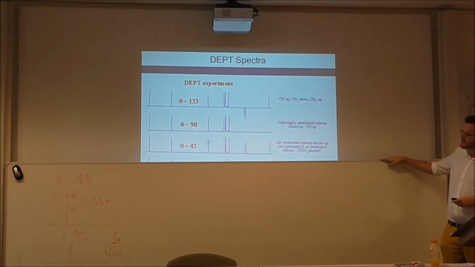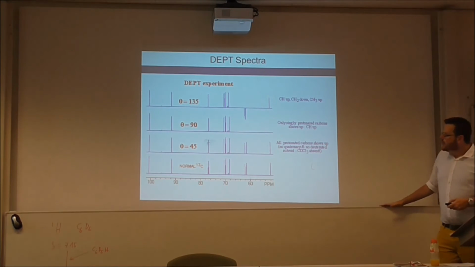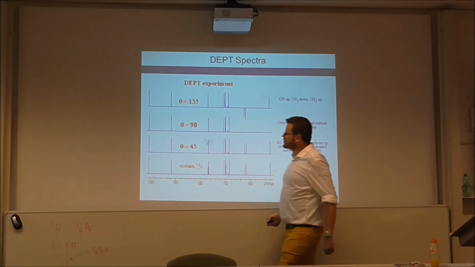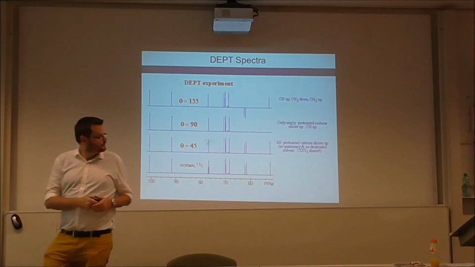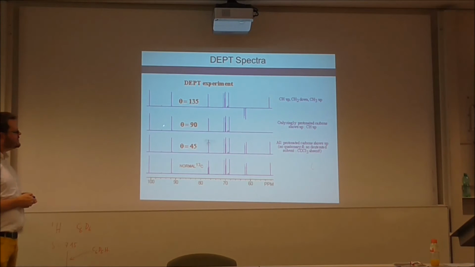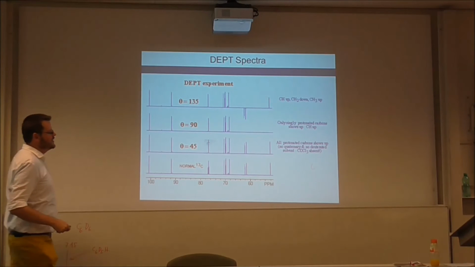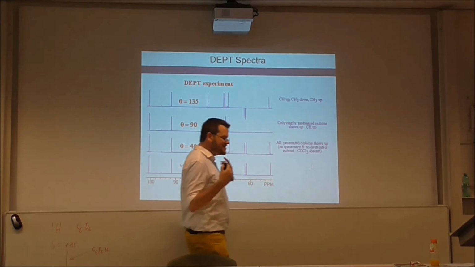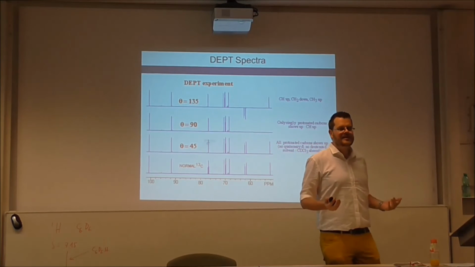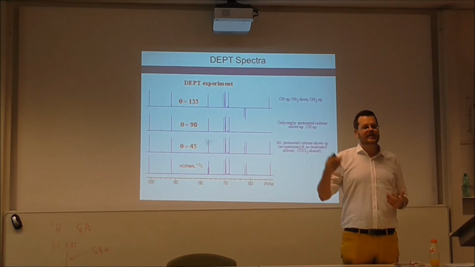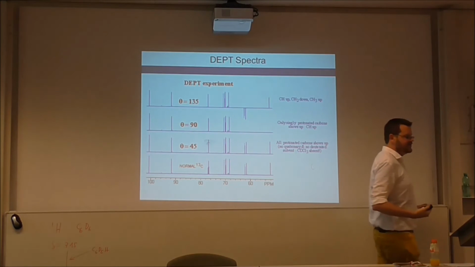Let's get back now to the DEPT spectrum. We can also record a DEPT 90 spectrum, and this is very useful because that only shows us singly protonated carbon atoms. This is very important when we're trying to assign something, to record all these different DEPT spectra.